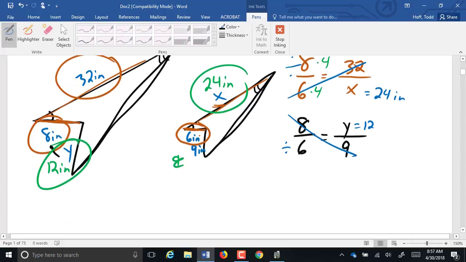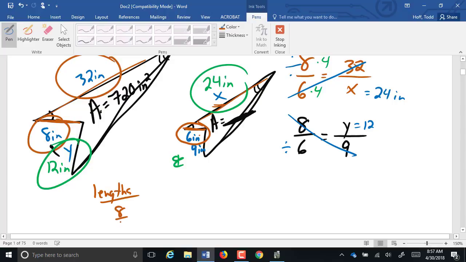What if I tell you the area of this figure over here is 720 square inches? And I want to find the area of this figure right here. Well, the ratio of lengths is 8 to 6.